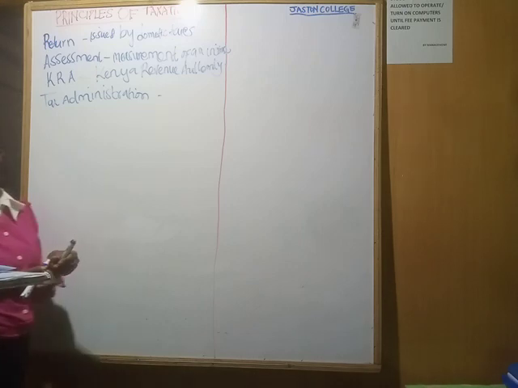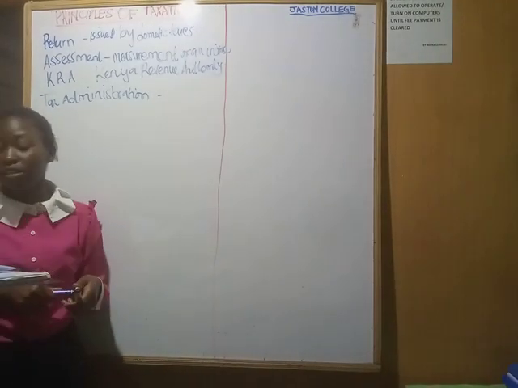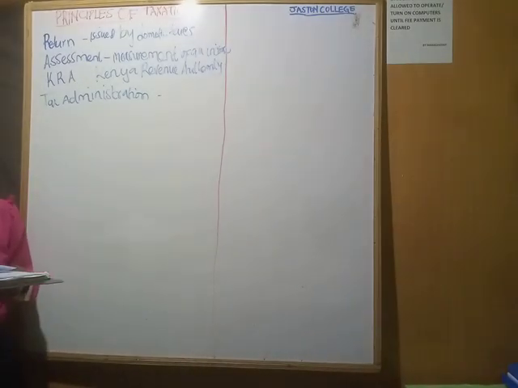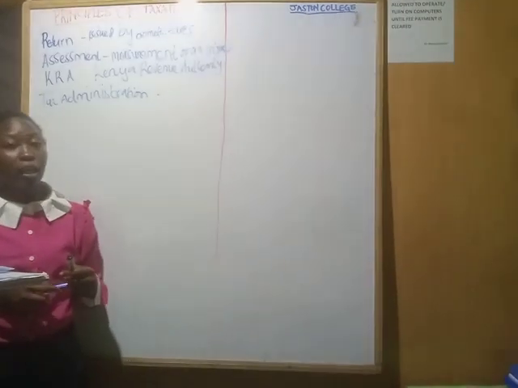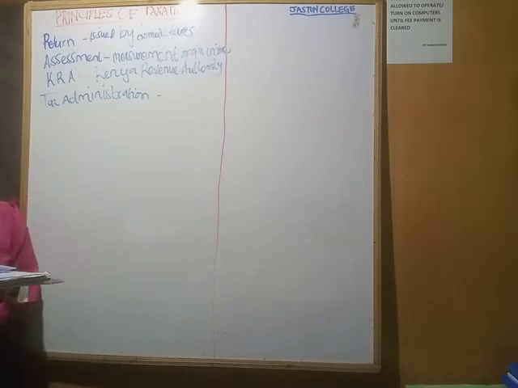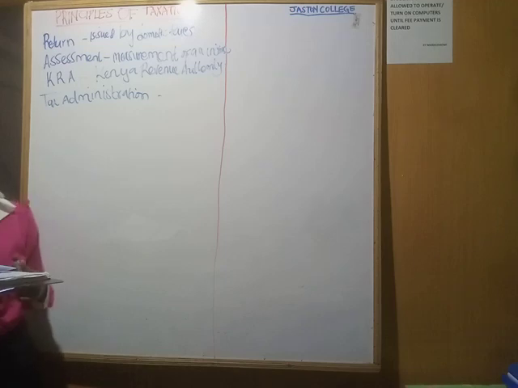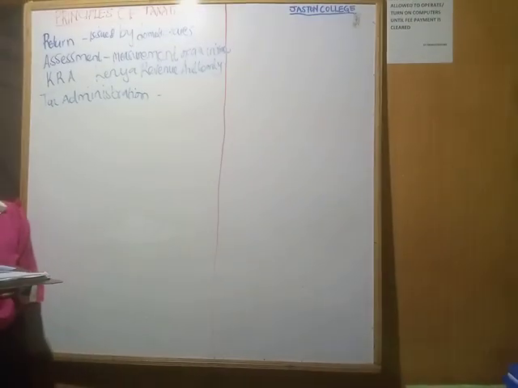We also have the tax administration, and tax administration in Kenya is collected by the public revenue which is administered by the treasury through various revenue departments operating under the KRA.